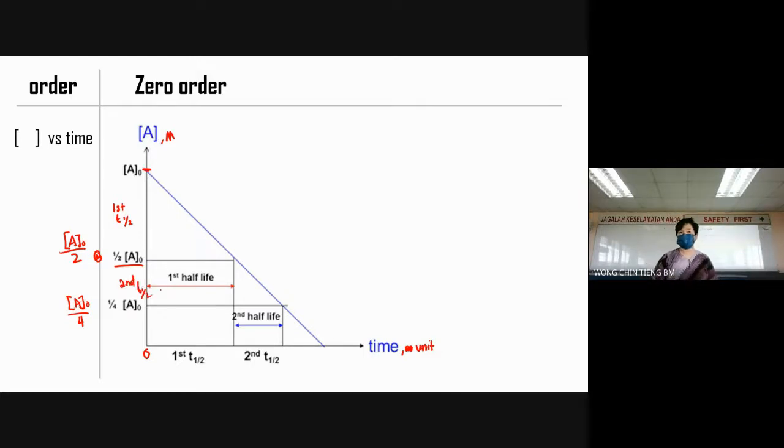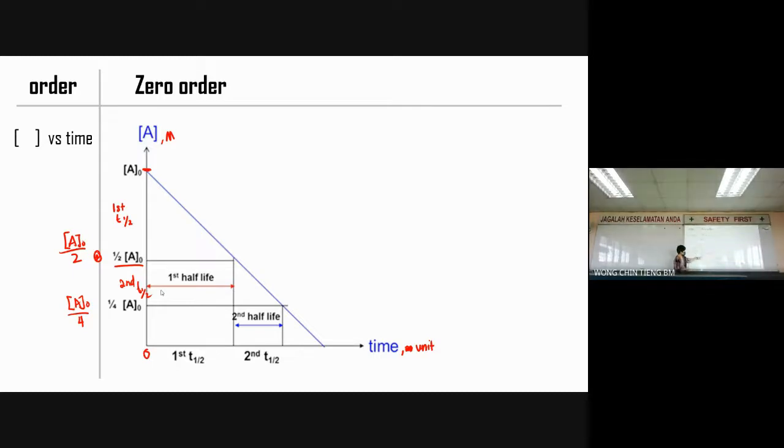Okay? Dah nampak. Macam mana kita nak check? Macam mana kita nak confirm dia adalah zero order? Remember the relationship between the first and second and the zero and so on? Zero order, first half-life and second half-life. Alright, must be half of the first half-life. Nampak? Sebab tu kamu plot initial, extrapolate masa yang diperlukan banyak-banyak.